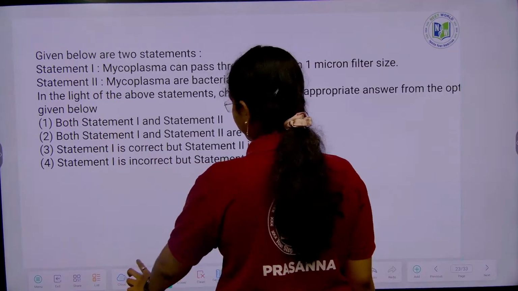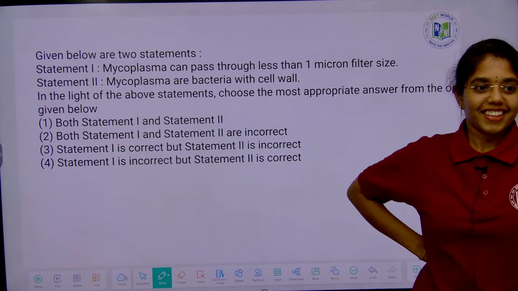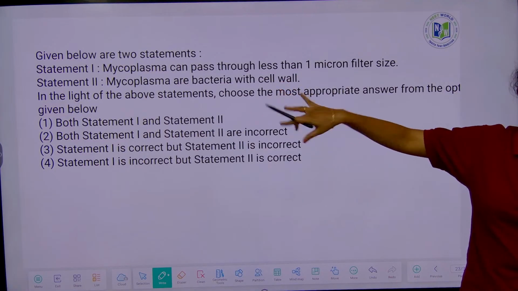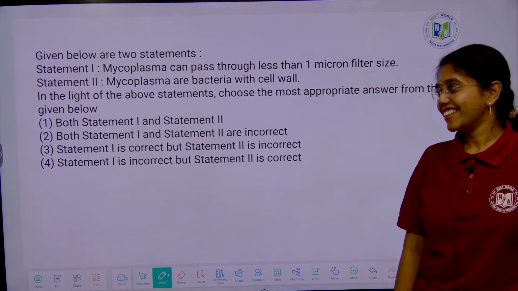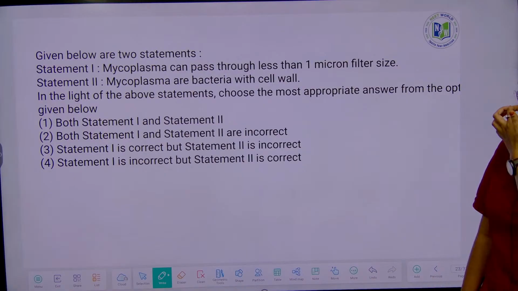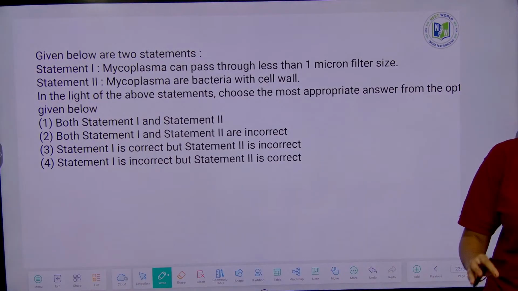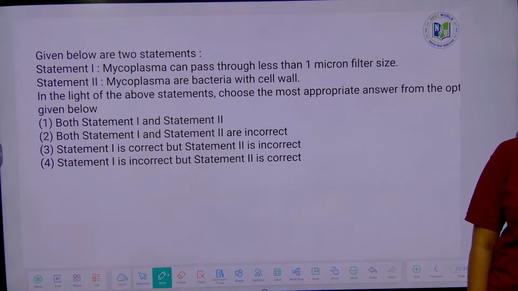I would like to hear some synonyms of mycoplasma as well, if you remember. We will give others time. What happened, Toshita? Navadeep, you can answer to me.